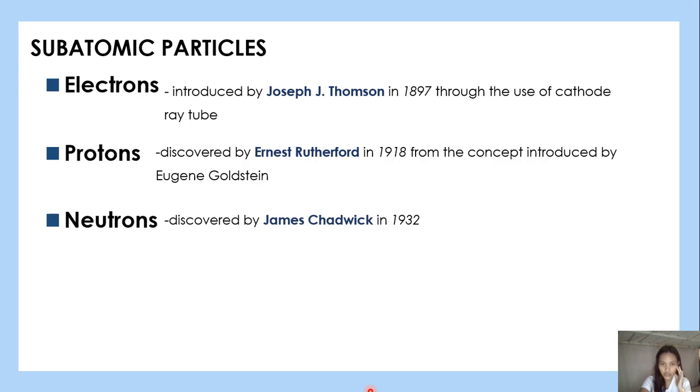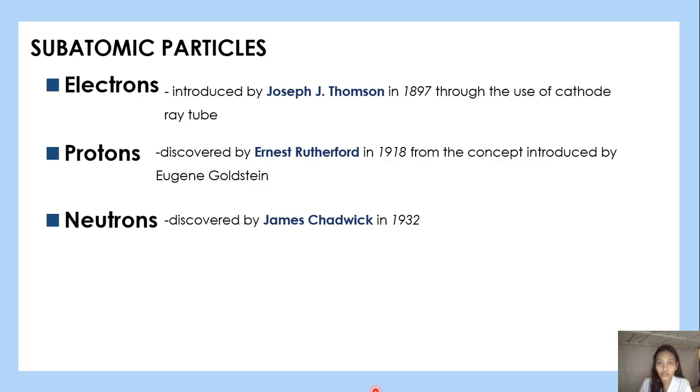And then the neutrons were discovered by James Chadwick in the year 1932. He discovered neutrons through alpha particle bombardment into beryllium.